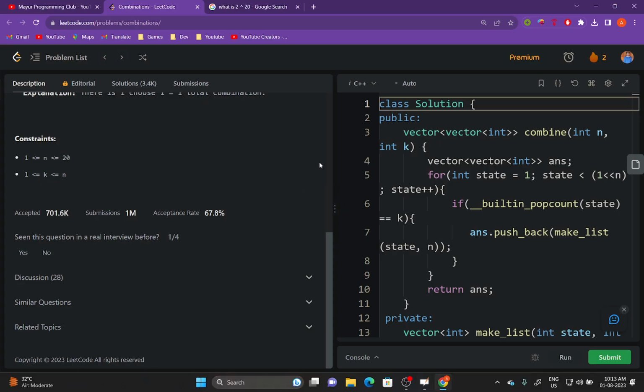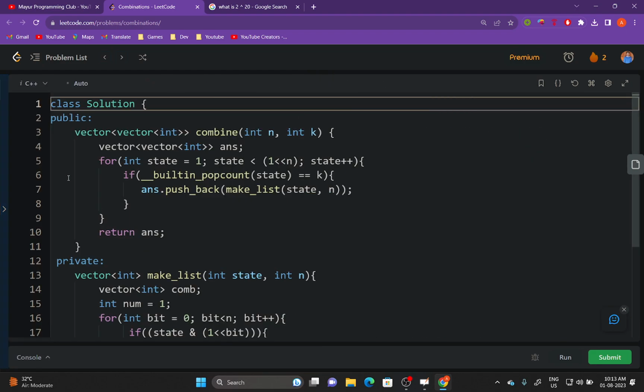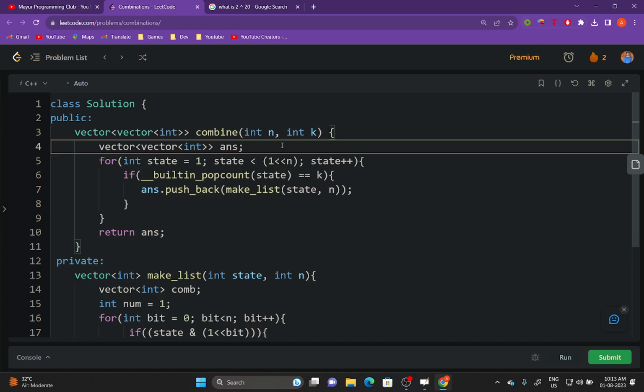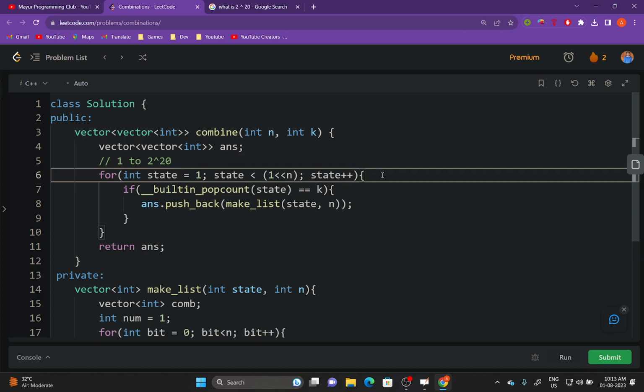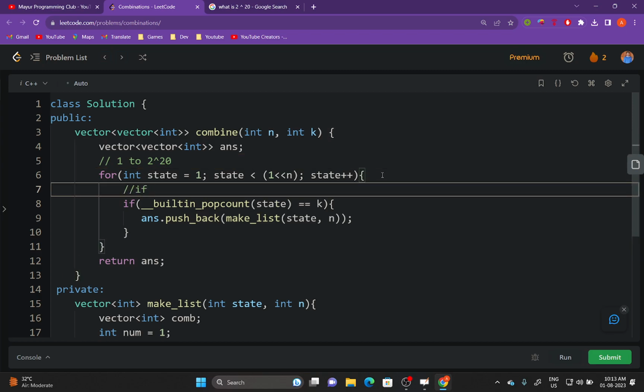Now let's quickly move to the coding part. What we have done is we are checking from 1 to 2 raised to power 20. So this will be the maximum states.